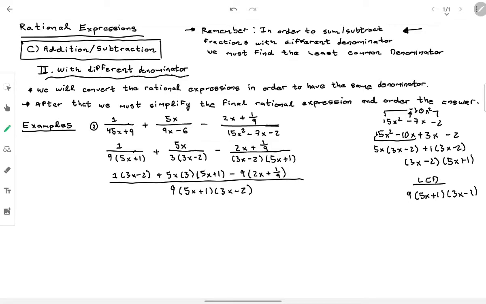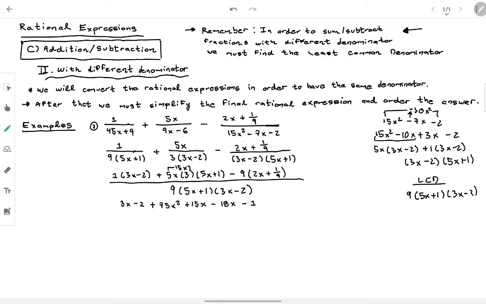So let's check out this one. Of course, these two, it's 15x, the multiplication of these two. So it's going to be 3x minus 2 plus 15 times 5, it's going to be 75x squared plus 15x minus 9 times 2, it's 18x, minus 9 times 1 over 9. 9 and 9 will simplify.